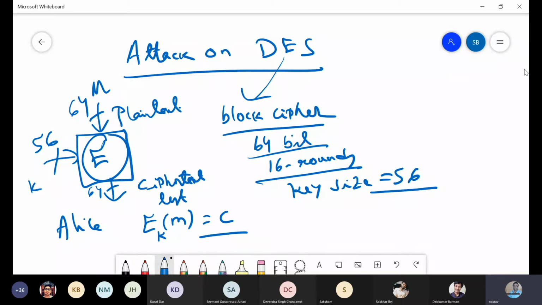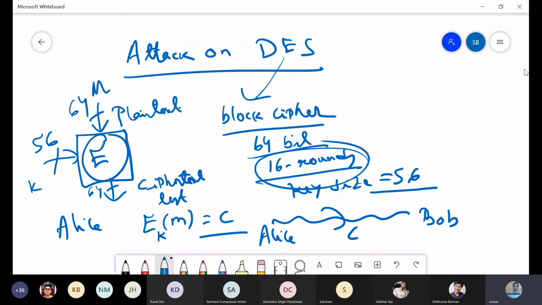Inside this we have many rounds. For DES we have 16 rounds, and for each round we need a round function. At the end of the last round, the output is our ciphertext, and Alice sends that ciphertext to Bob over this public channel.